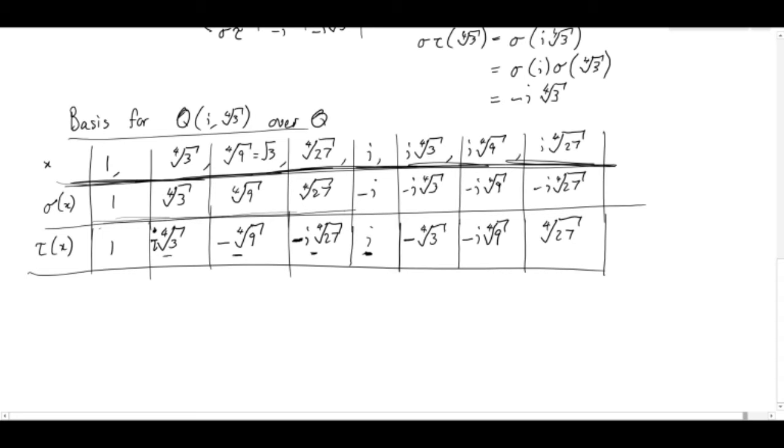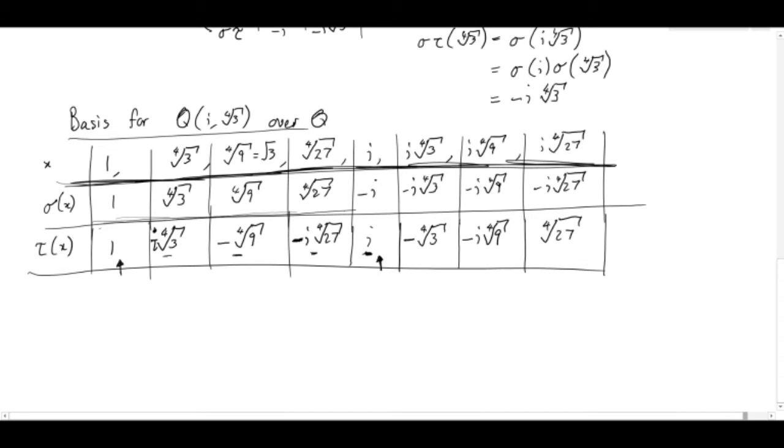So in order to get something fixed under tau, we would have to generate some linear combination of 1 and i.